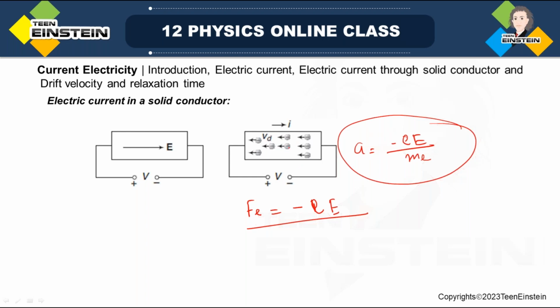During each collision it will lose its kinetic energy, and after the collision the direction and magnitude of the velocity change. So this is the acceleration electrons experience.